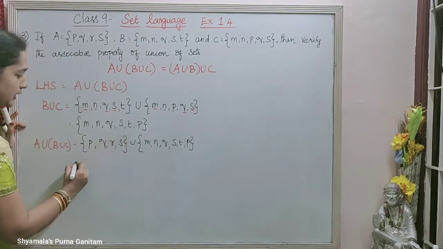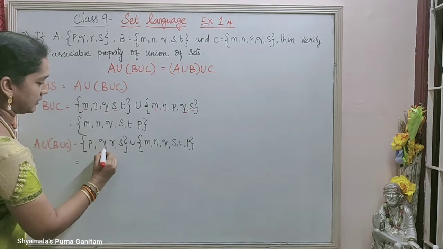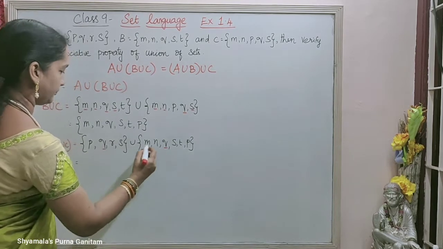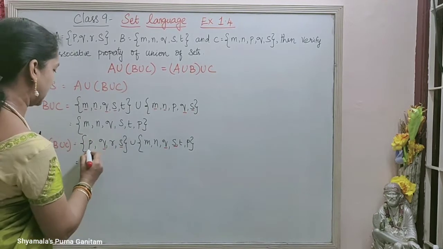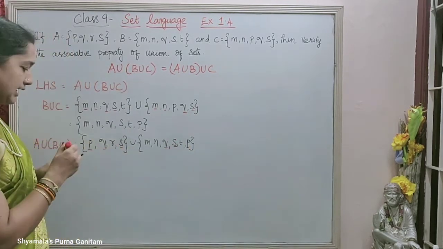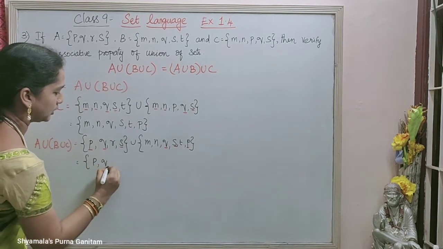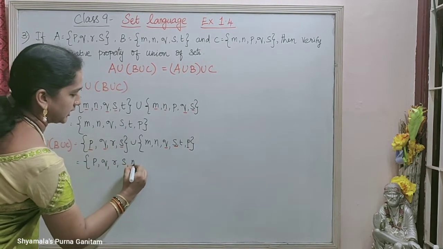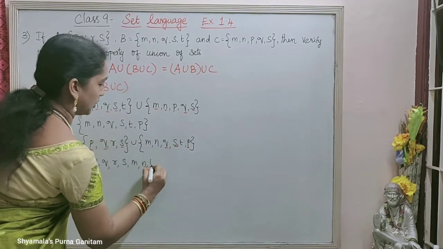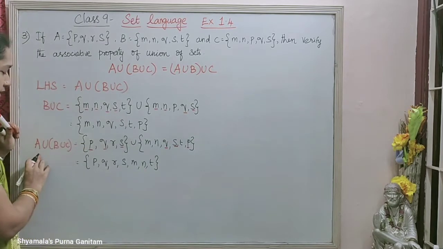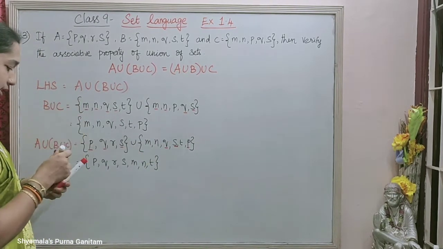Now we are asked to find A union (B union C). The common elements are Q, S and P. So these 3 elements are common. We combine this and write P, Q, R, S, M, N, and P, Q, S we already wrote. One more thing is T. So this is our A union (B union C). This is the LHS part.